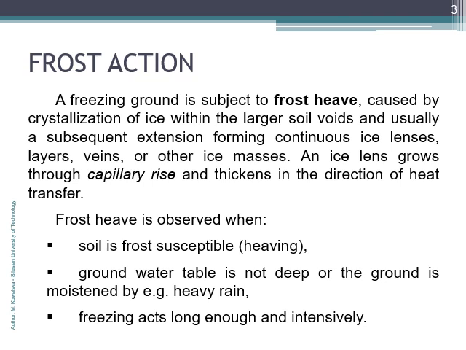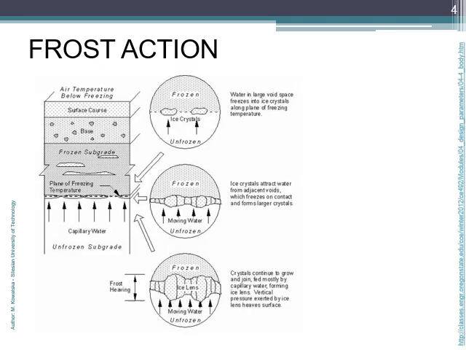But when the temperature drops slowly, the freezing takes a long time and the water has enough time to flow to the freezing front and grow the ice lenses. And in this case, the amount of the frost heave or the frost expansion is high. This picture is a good illustration of this phenomenon.